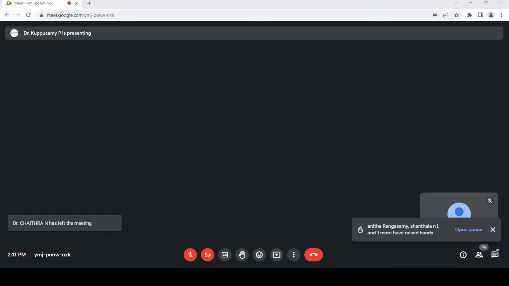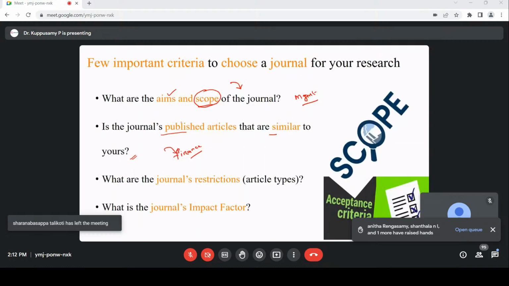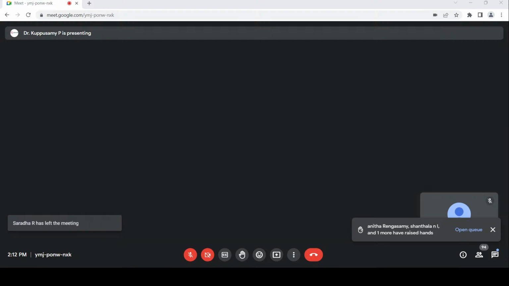The next one is whether that journal has already published articles similar to your paper. Suppose you are preparing a paper in finance, has the selected journal already published this kind of article or not? We should have that idea, and only then select that journal. The next one is that a few journals may have some restrictions.